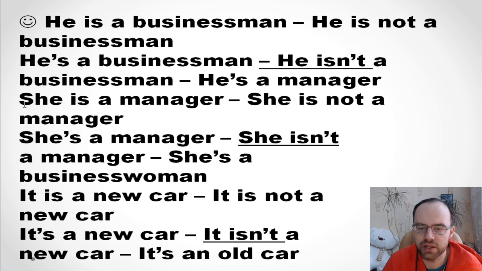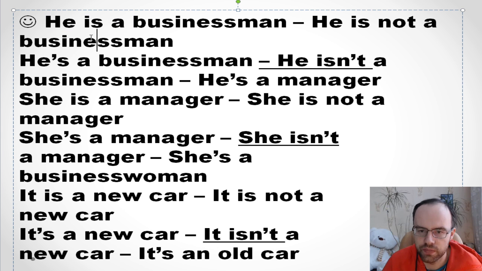Okay, more examples and more practice. So he is a businessman. He is not a businessman. He is a businessman, it's a short form, or he isn't a businessman. He is a manager. She is a manager. She is not a manager, or a short form. She is a manager.